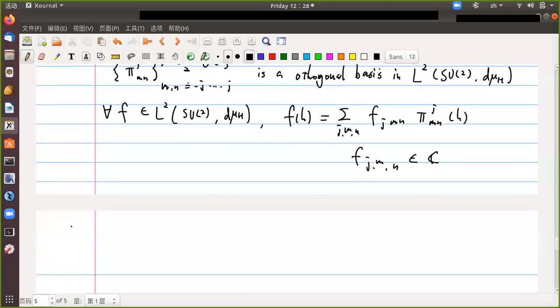So you can define an orthogonal basis in the entire Hilbert space H0: you just make a product of all those pi's.